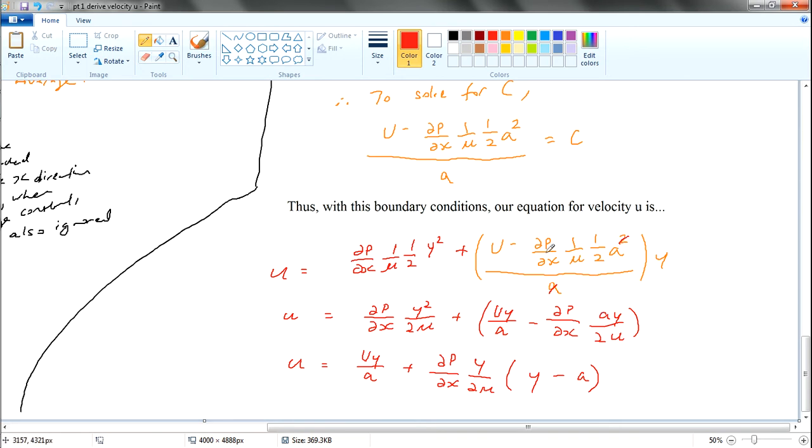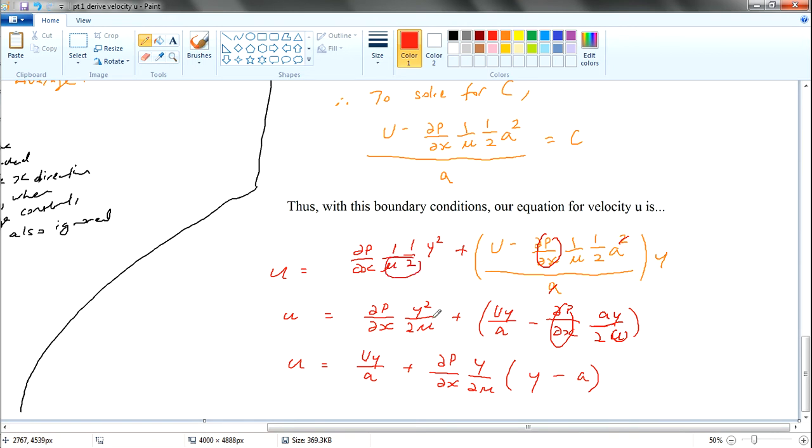So we are left with del p del x, 1 over nu, and then 2, and then a over 2 with the y multiplied inside it. I didn't change anything. For the rest over here, because of nu and 2, I just put them together.